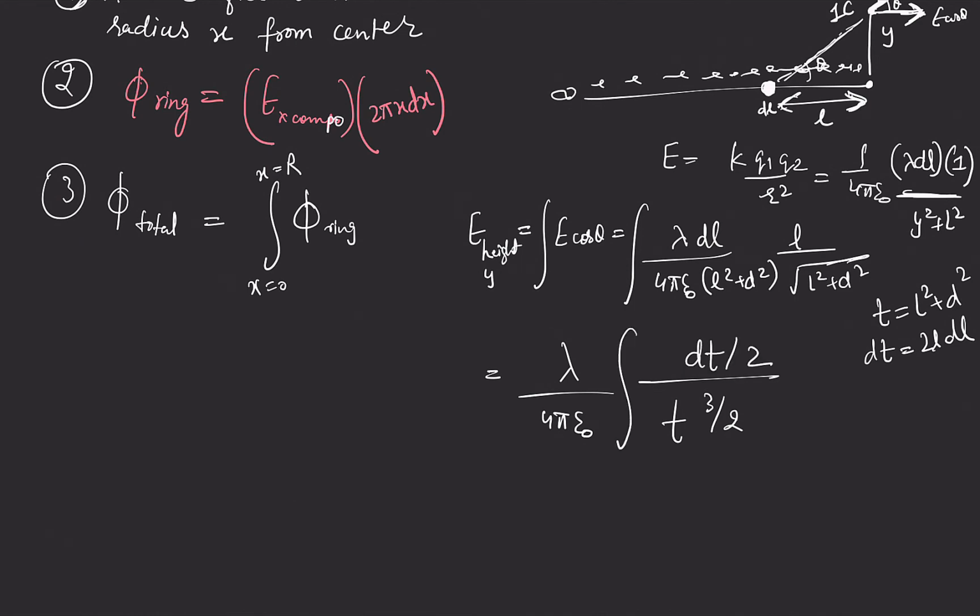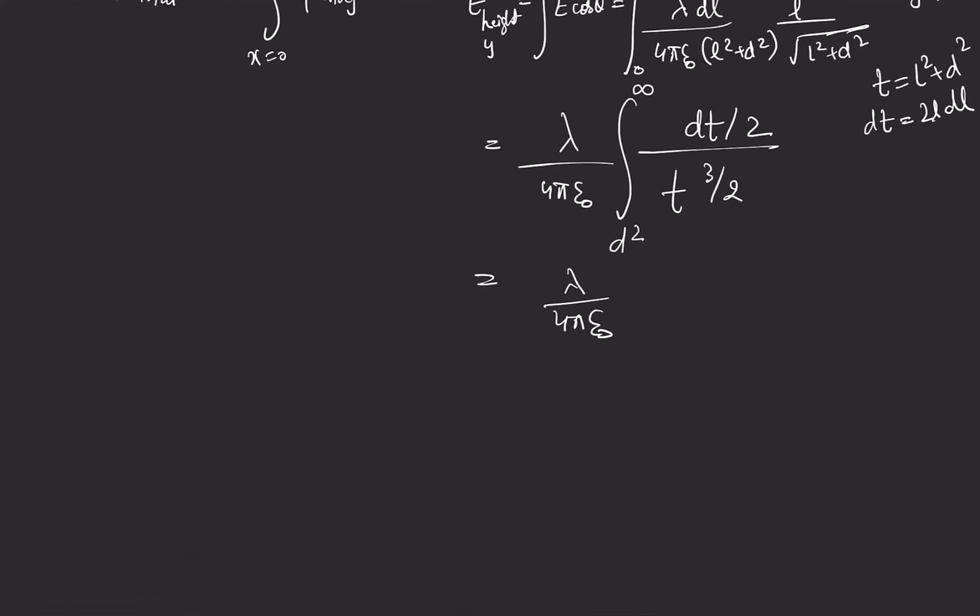So basically we were integrating this for L equal to 0 to L equal to infinity. When L is 0, t is equal to d square, and when L is infinity, t is infinity. So this would be lambda upon 4 pi epsilon naught, t raised to minus 3 by 2, and 1 by 2 let's take out, integration from d square to infinity.